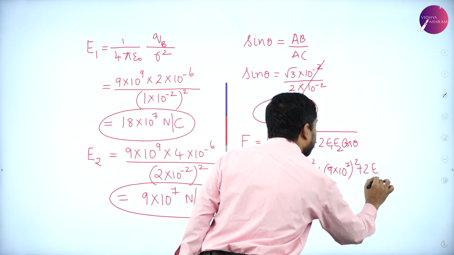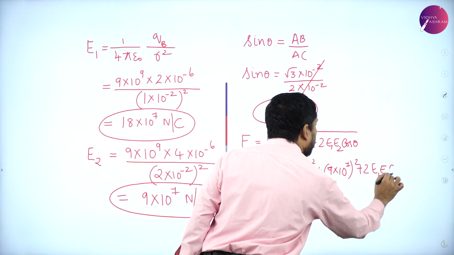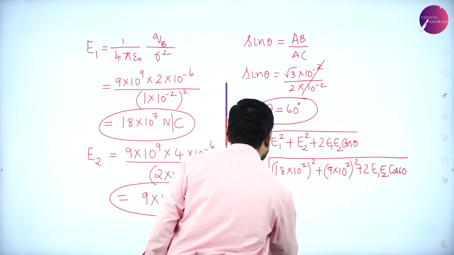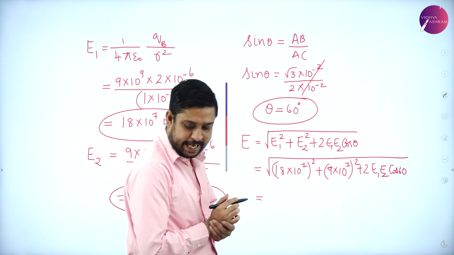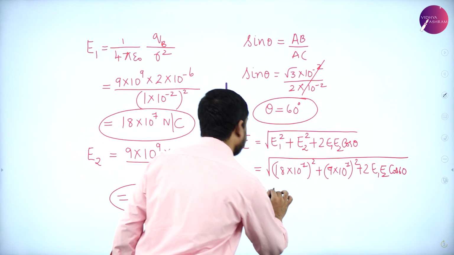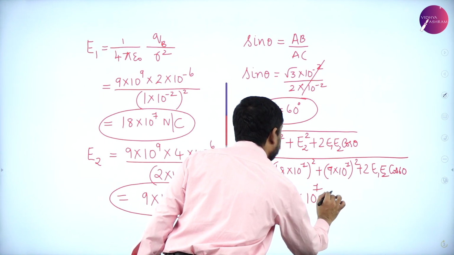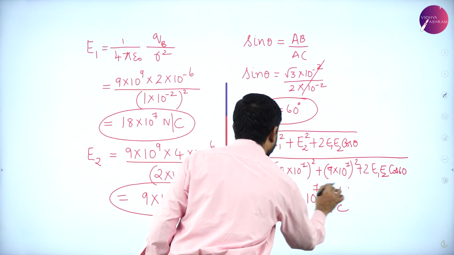Substitute for E1, substitute for E2, cos 60, and on simplification, this turns out to be 23 into 10 power 7 Newton per Coulomb.